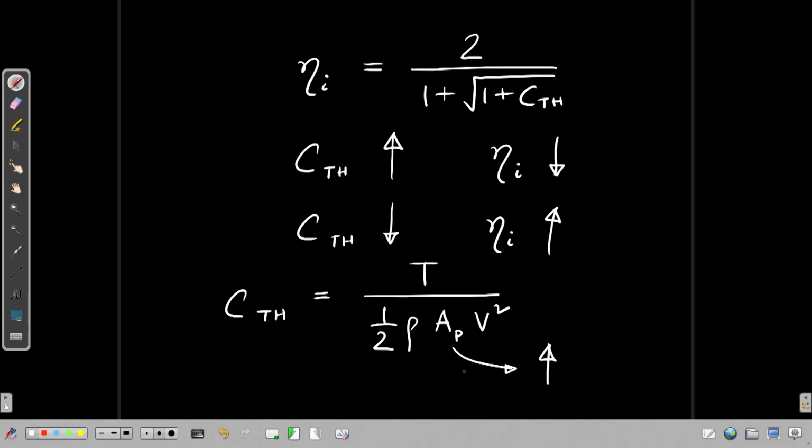If AP is greater for a propeller of higher diameter, it will lead to a lower value of CTH, that will lower the thrust loading coefficient, and if the thrust loading coefficient is lowered, the efficiency will be higher. That is why it is preferable to have a propeller of higher diameter to obtain a higher efficiency if all the other geometrical aspects are similar.